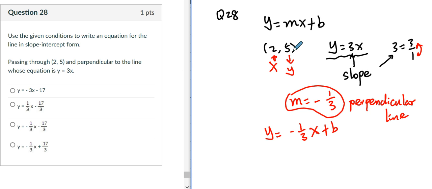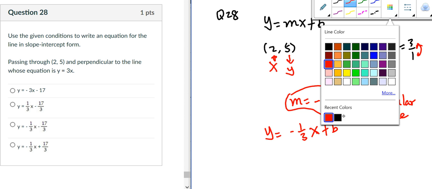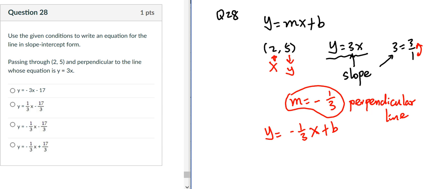So we plug in the values to find b. We have negative 1/3 times 2, plus b, and y is 5.